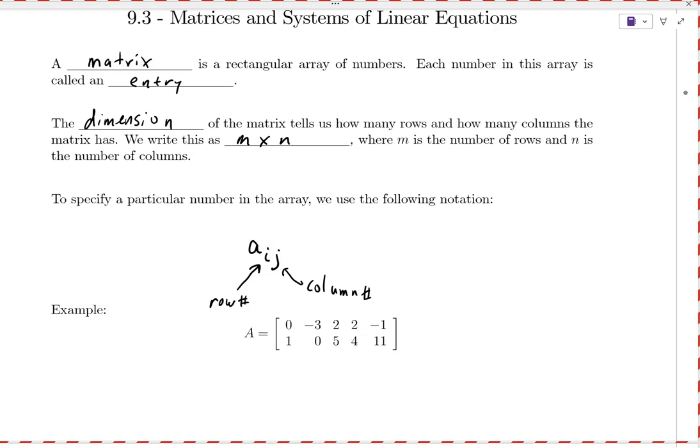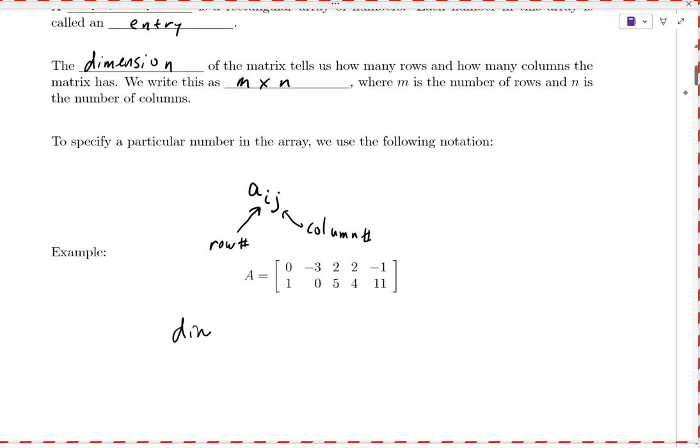So looking at this first example here, what are the dimensions of A? What's the dimension of A in this case? Two by 5, good. There's 2 rows and there's 5 columns, so it's 2 by 5. If I asked you for A sub 2,1, what would you tell me? 1?